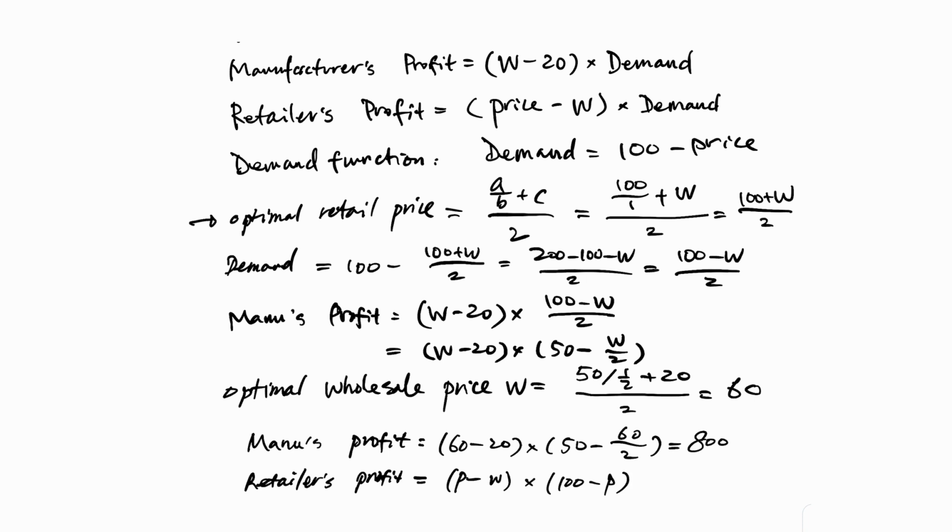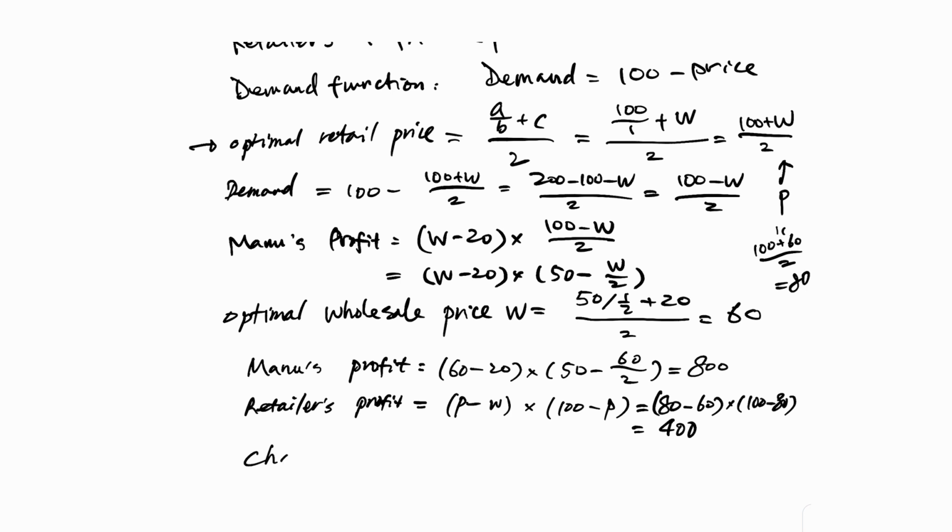Going back to the formula, P is equal to (100 plus the wholesale price) divided by 2. Given that the wholesale price is 60, the optimal retail price is $80. So the retailer's profit is (80 minus 60) times (100 minus 80), and that is equal to $400.